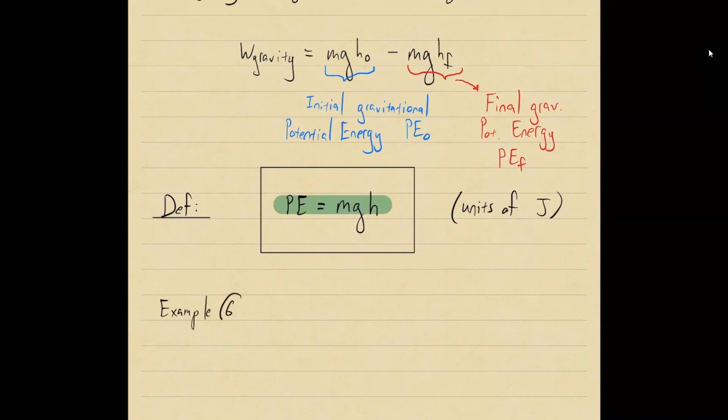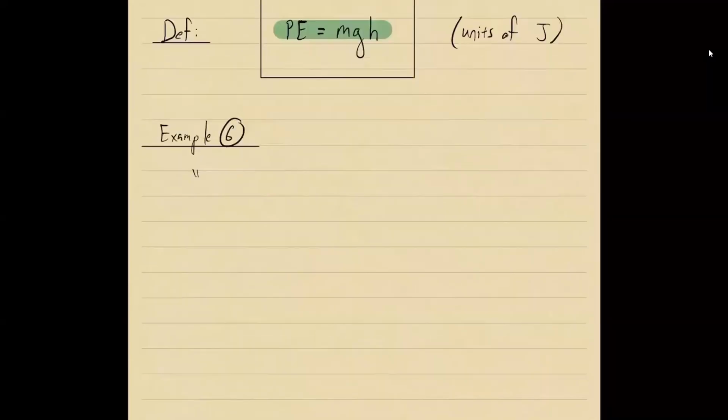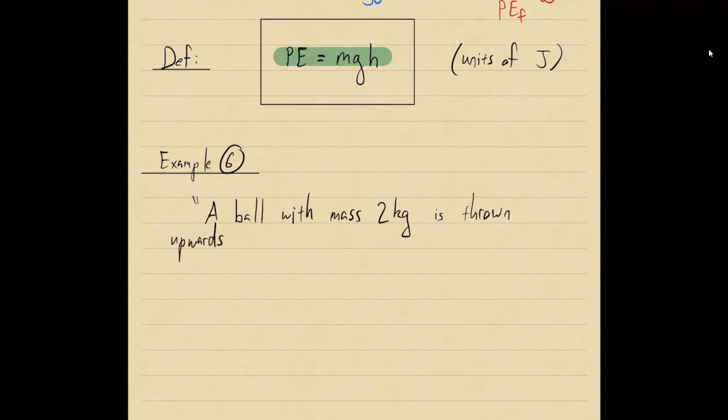Example 6 says that a ball with mass 2 kilograms is thrown upward from the surface of the earth.